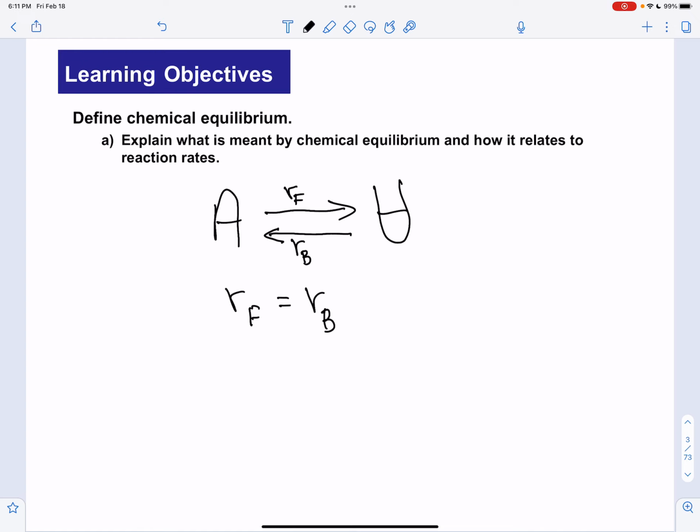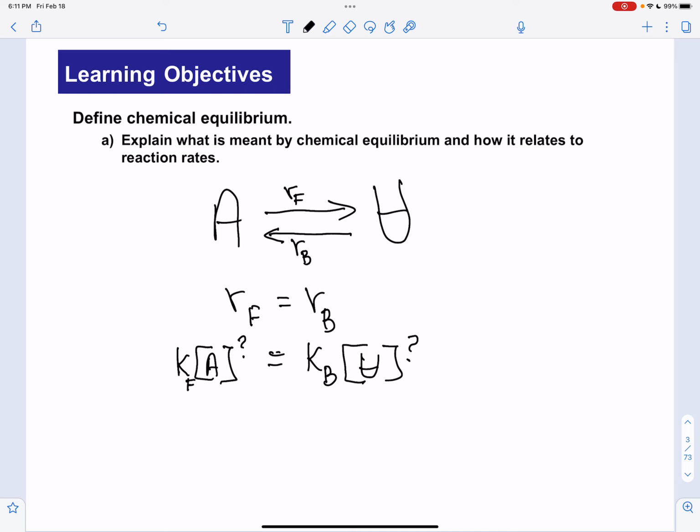And we know that we can express R by the rate constant times the concentration of A, to whatever power we need, right? We don't know the power until we do the experiment. And that's going to be equal to the other rate constant, but now we're going from right to left, times the concentration to whatever the power happens to be once we determine it.